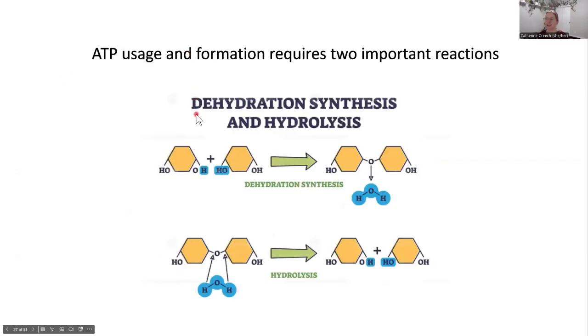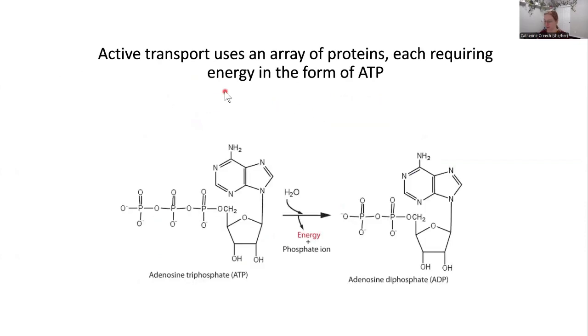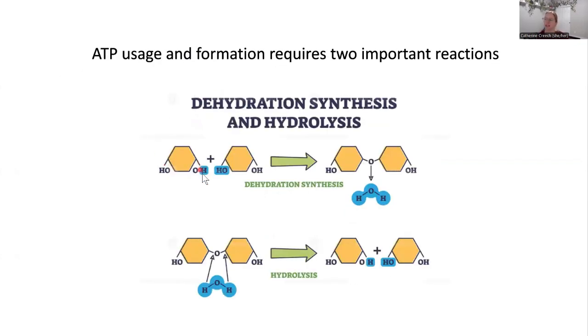So dehydration synthesis is when you are taking your phosphates and you're adding them together and releasing water. So dehydration, you're releasing the water. And synthesis, because you're building something. What are you building? You're building 1 molecule out of 2 molecules.